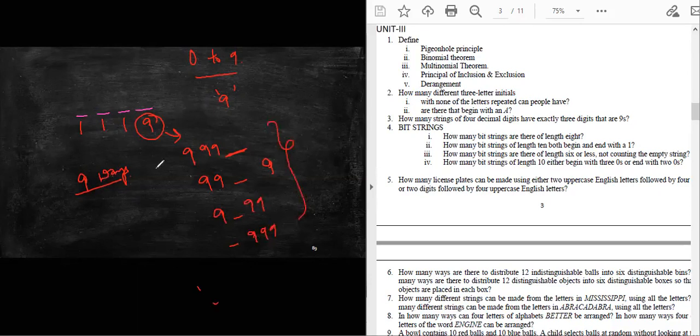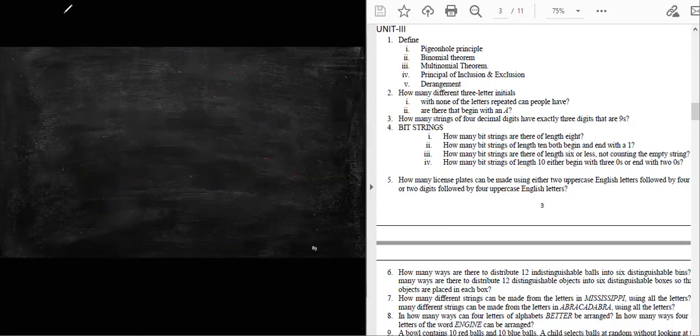So totally 9 ways, but we have 4 kinds of combinations. So 9 into 4, we will have 36 ways of getting a 4 decimal digit string which has exactly 3 digits as 9.